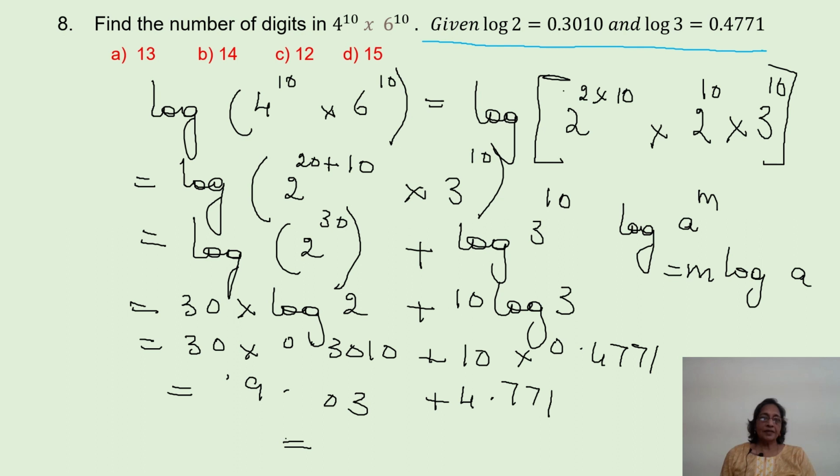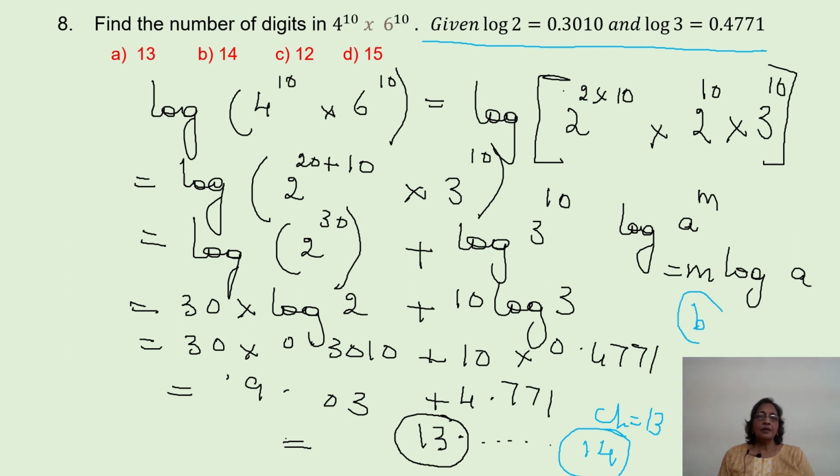So what I get here is some 13 point something something, but whatever that value be, we are interested in this. Why? Because we have to find the number of digits. So if the log of this value is 13, so a characteristic is 13 here. So obviously the number of digits will be 14. The correct option will be the B one.